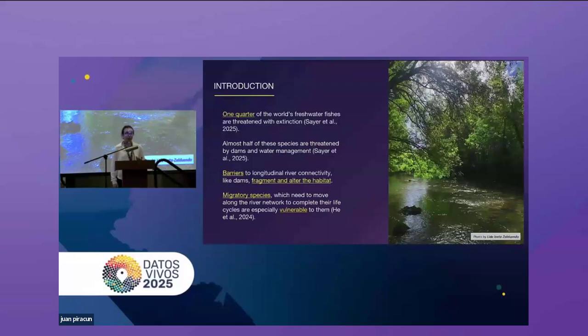This is especially harmful and obvious for migratory fish species, which need to move along the river network to complete their life cycles.